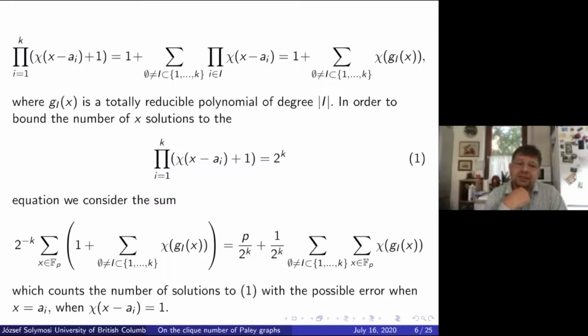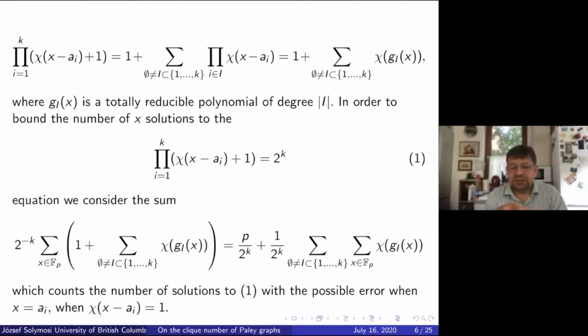And this polynomial has distinct roots. All the roots are distinct. It's important in order to apply whatever we have to apply soon. So this is a nice polynomial.